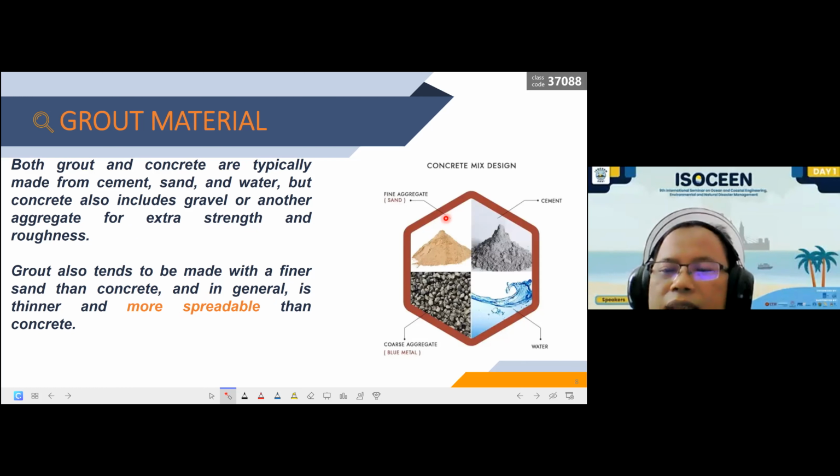Concrete consists of a minimum of cement, water, fine aggregate, and coarse aggregate. But in the grout material, some use the finer aggregate, cement, and water.